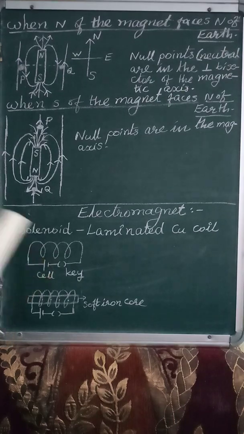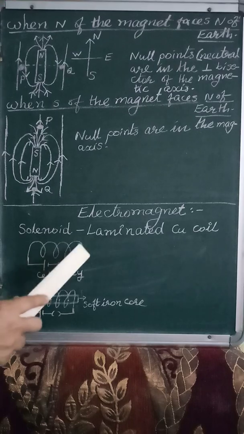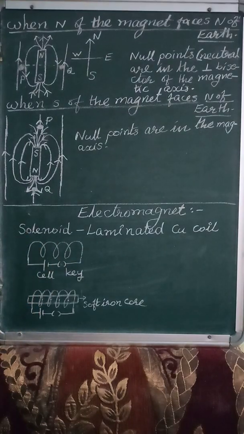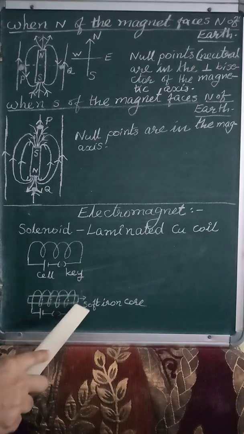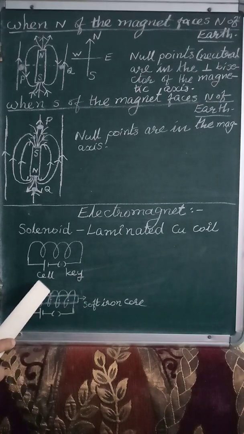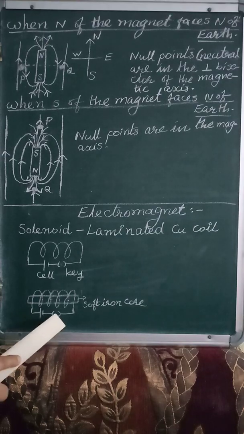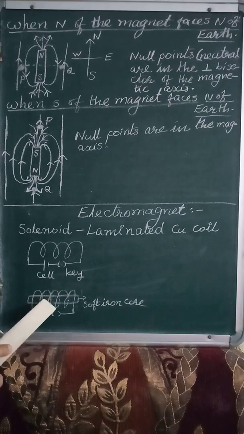Key means switch. It will pass current through this coil and this coil can act as a bar magnet. That is a solenoid. When you place a soft iron core inside the solenoid, connect it with a cell and switch on the circuit, this device is called an electromagnet.